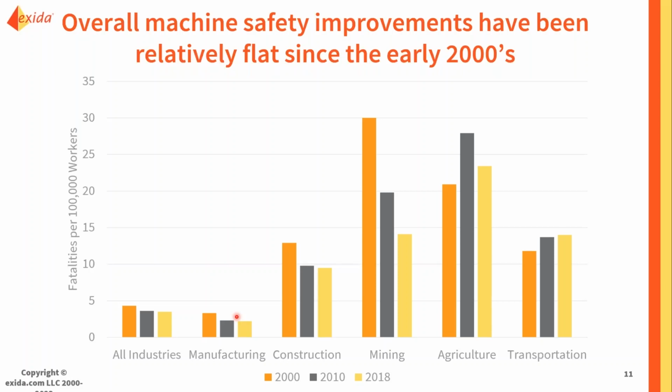And so the reason that I highlight this is, although if we track the data back to the 70s and the 80s, we can see some improvement from then to the 2000s.